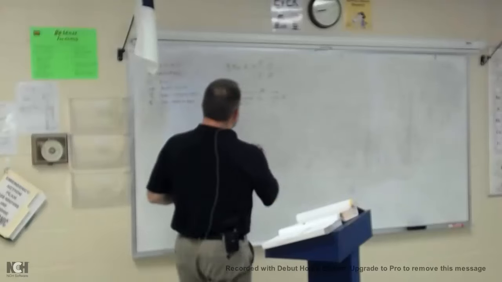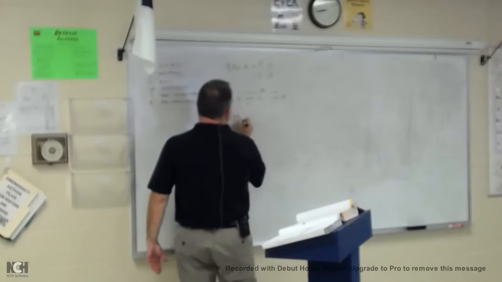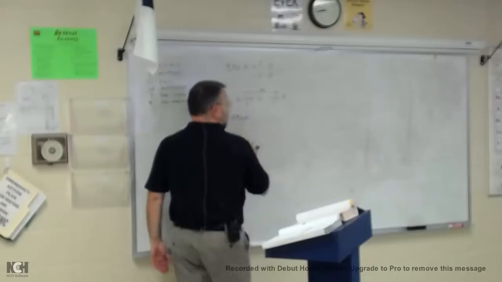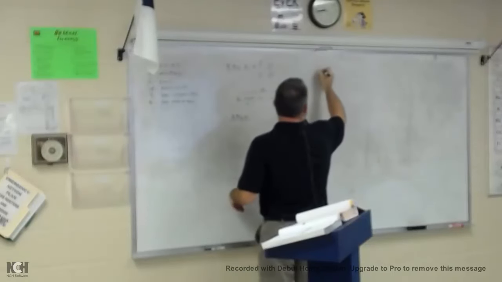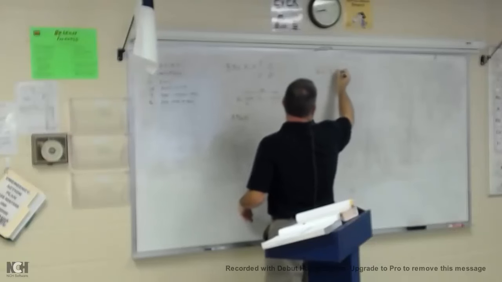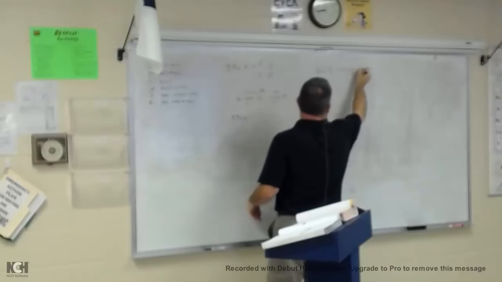So in this case, 396 Kelvin, and the formula for going from Kelvin to Celsius is what? Right, because we normally think of it as Kelvin is Celsius plus 273.15.